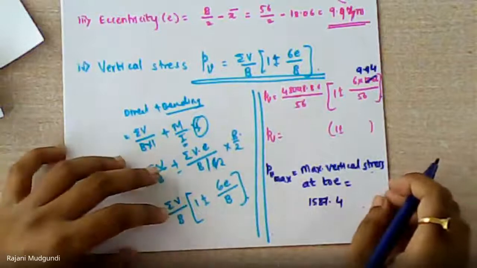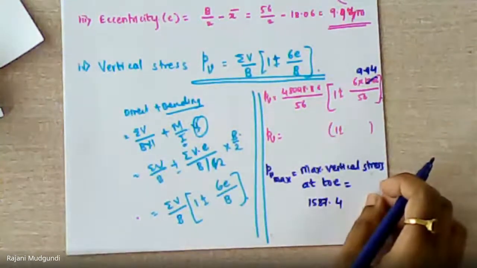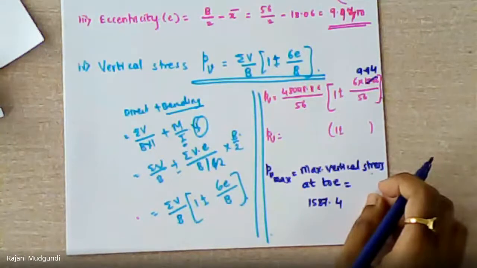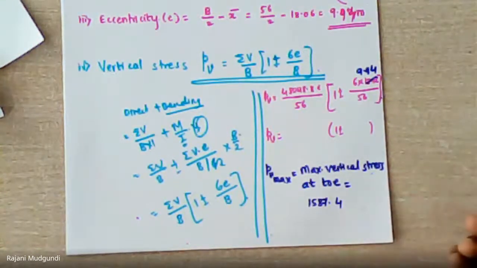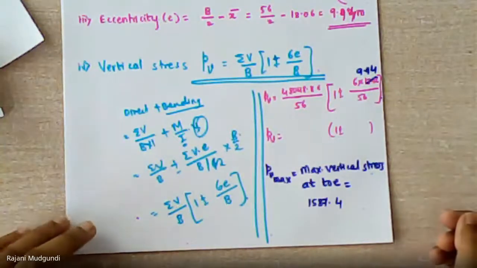Someone is getting 1579. Why this much difference? 1579 and 1587. Check this calculation once again. So put the values correctly.